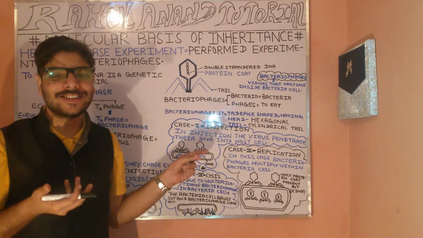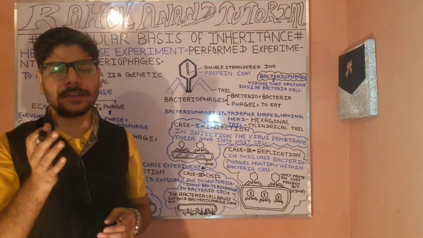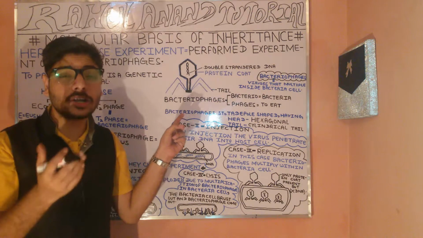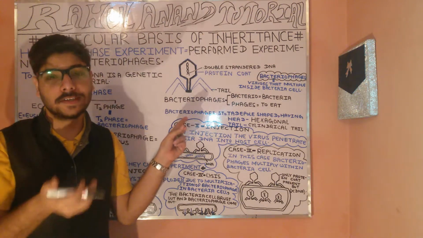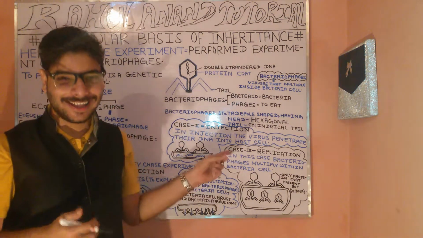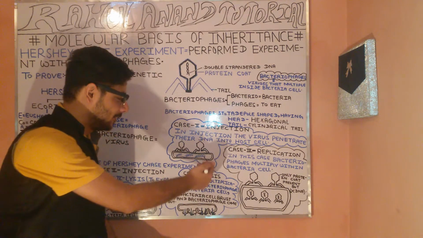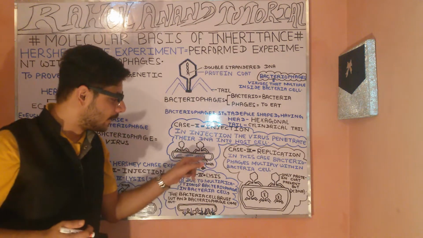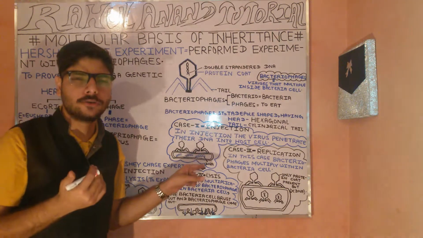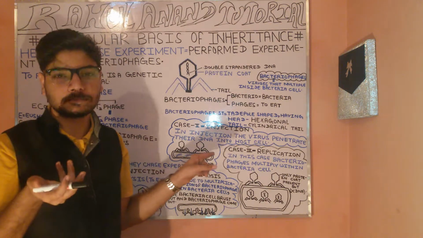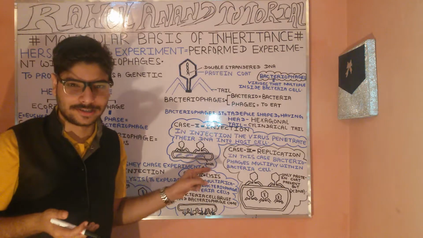The bacteriophage, or rather the viruses, will start to penetrate its deoxyribonucleic acid into the host cell, or rather the bacteria cell. You will find the DNA is descending towards the bacteria cell or rather the host cell.